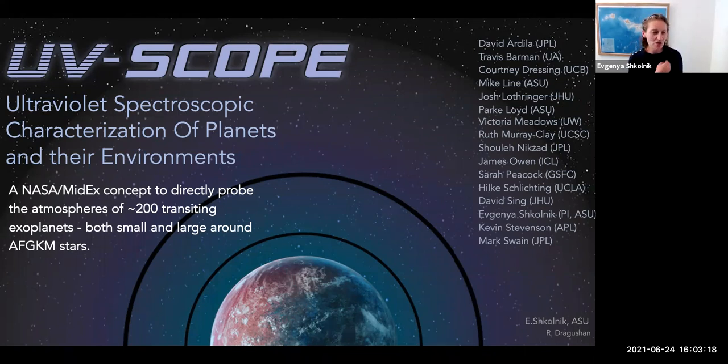But part of the mission goals is also to then simultaneously characterize the UV emission from all the planet hosts, of all the stars, of all the planets that we're going to be studying. And we will do this spectroscopically with a medium resolution mode in the far UV and a simultaneous low resolution in the near UV, covering all the way from Lyman alpha. So we'll be doing Lyman alpha transits to look for escaping gas, all the way to 4,000 angstroms. So we can then match it up also with things that will be coming from ground-based observations and from future space-based observations.